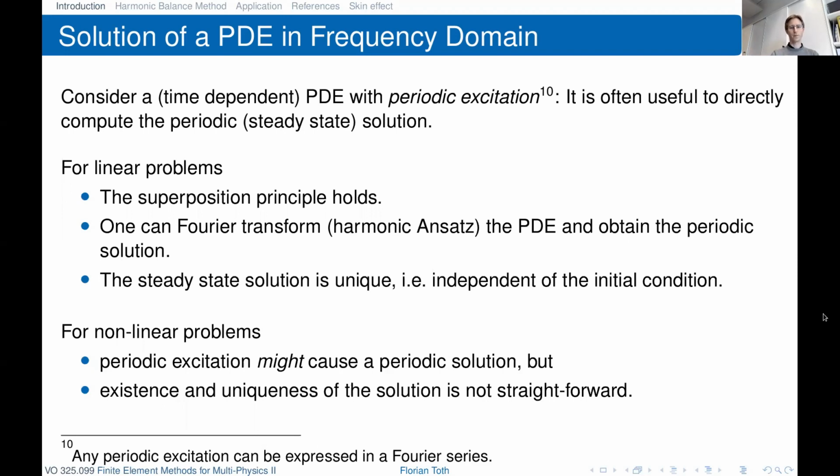First off, a periodic excitation might cause a periodic solution. This is usually true, but existence and uniqueness of this solution is not straightforward. For nonlinear systems, you can have multiple solutions possible, and the solution that you get actually depends on the initial condition, for example.